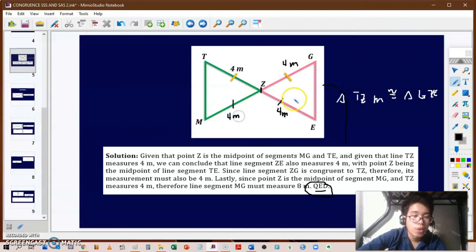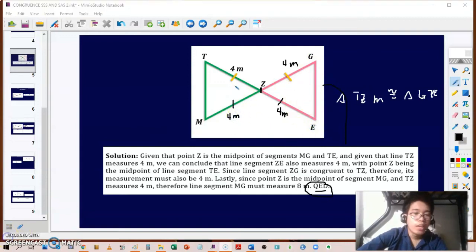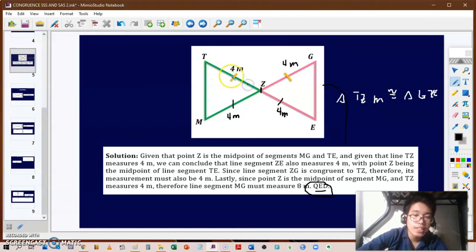And from the ASA, or angle side angle triangle congruence postulate, we can say that TZM is congruent to GZE. So how is that? Because these are vertical angles again. Angle TZM and angle GZE are congruent. Why are they congruent, guys?